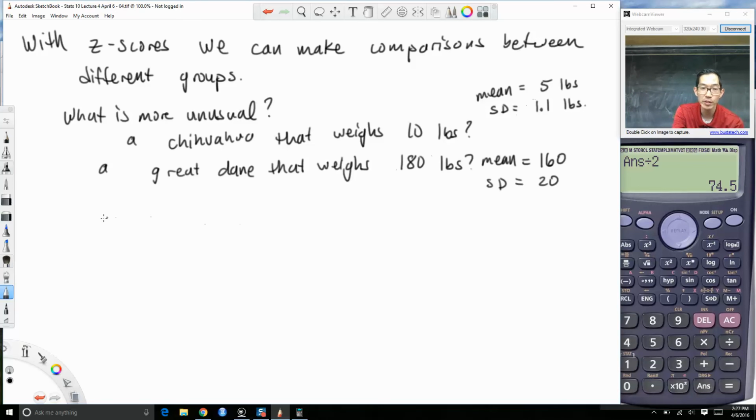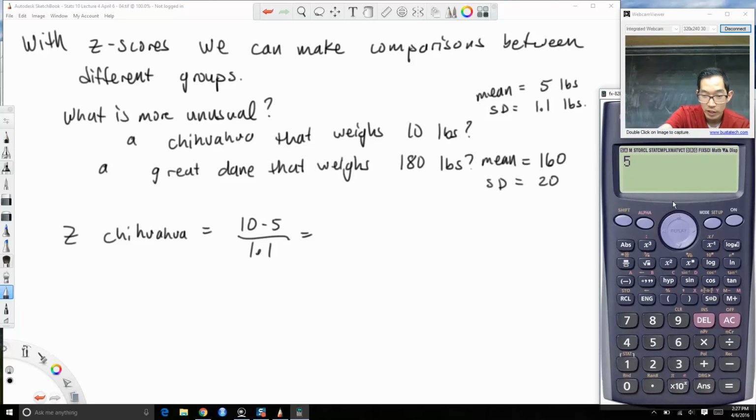The z-score for the Chihuahua would be the distance from the mean, so 10 minus 5, but we wanted it expressed in standard deviations, so I would do 5 divided by 1.1. No, that's not helpful.